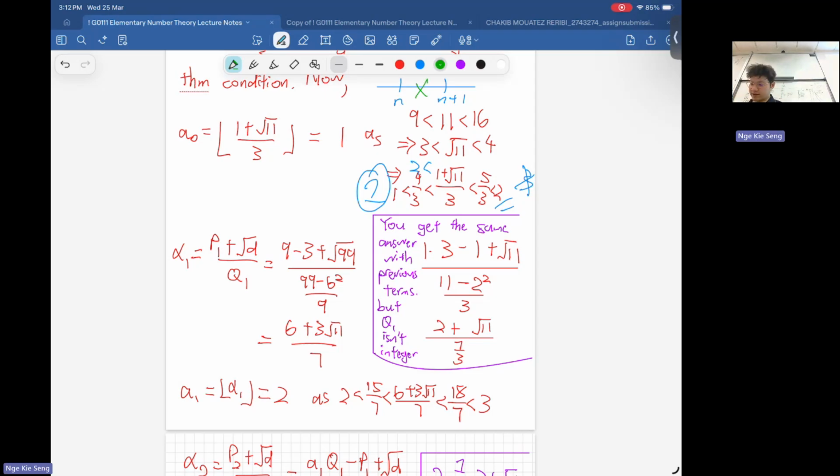If you squeeze it in between n and n plus 2, then your number could appear on the other side, and the largest integer less than the number could be n plus 1, not n. Does it make sense? Okay. So you can do this if you don't have a calculator in your hand.